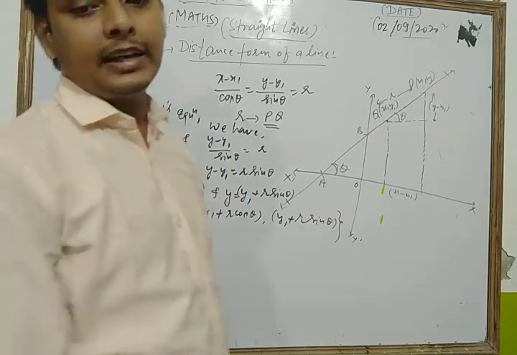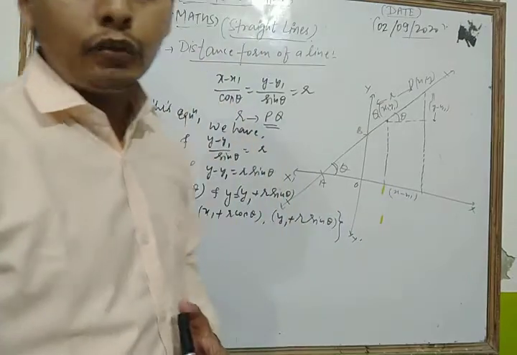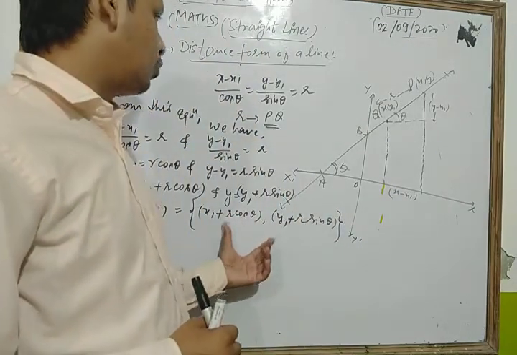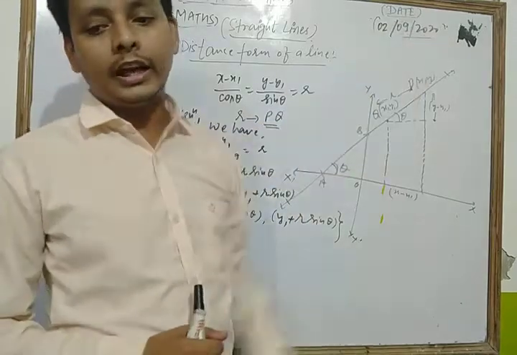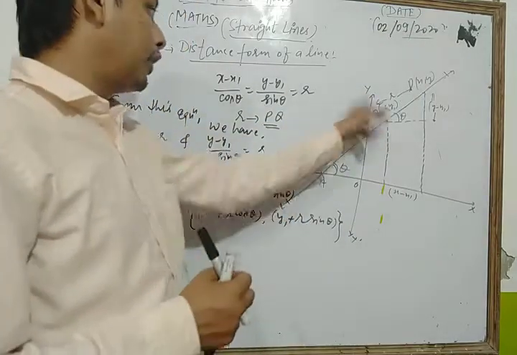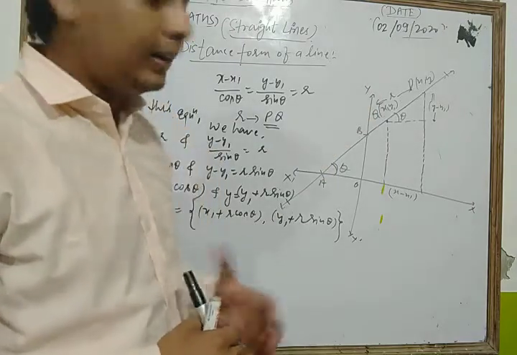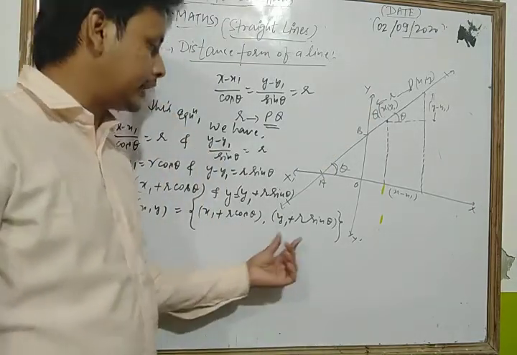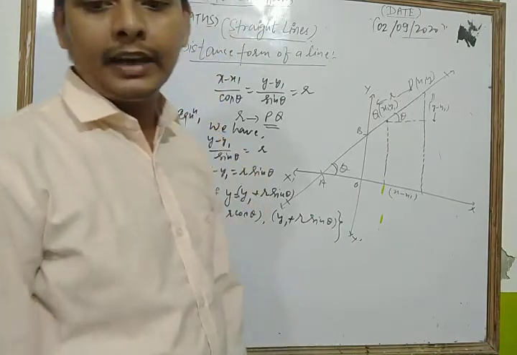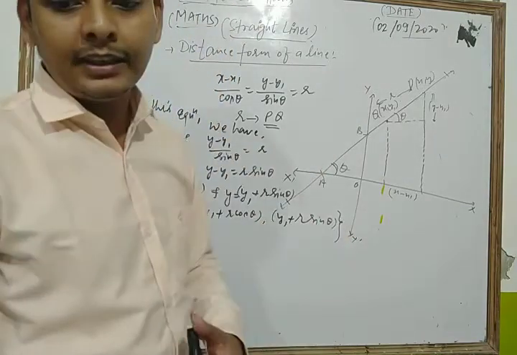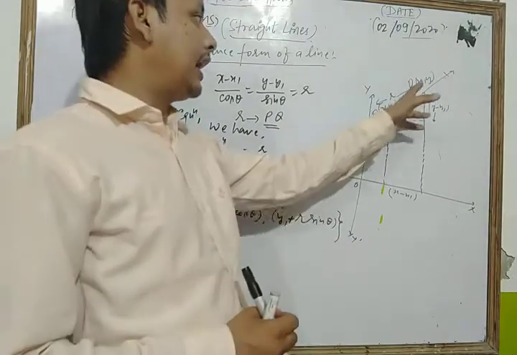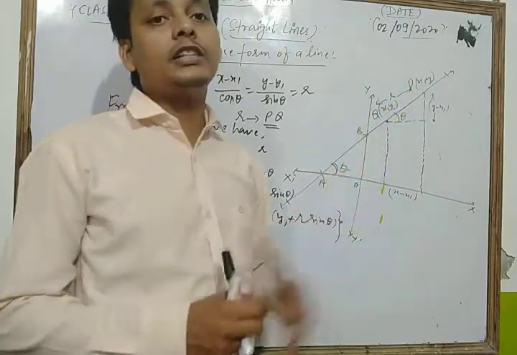One important thing, dear students: the coordinates of any point on the line at a distance r from the given point (x1, y1) are x1 plus r cos theta and y1 plus r sin theta. It is clear that if P is on the right side of (x1, y1) then r is positive, and if P lies on the left side of Q then r is negative.